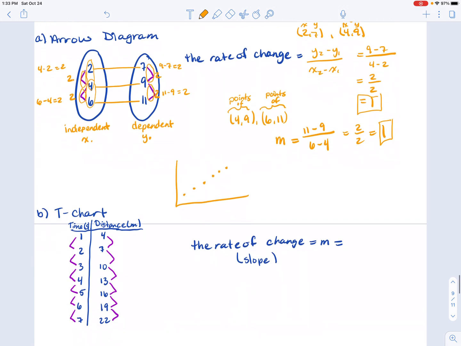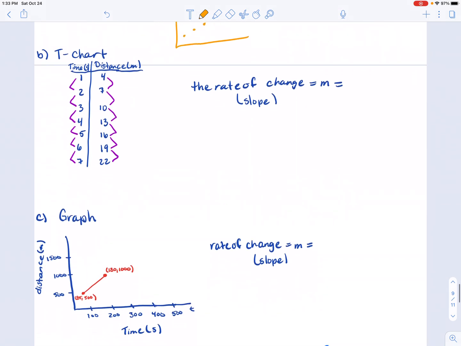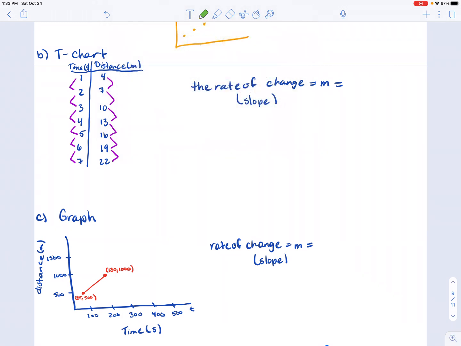Let's look at it in a t-chart and see if, with this example, it lies in a line or not. Let's look at the difference with these ones. I'm going to mark the difference in green. So 2 minus 1 equals 1. 3 minus 2 equals 1. 4 minus 3, difference is 1. 5 minus 4, difference is 1.